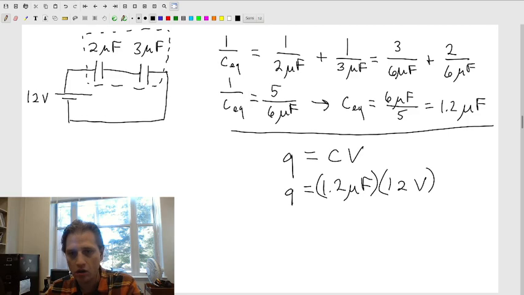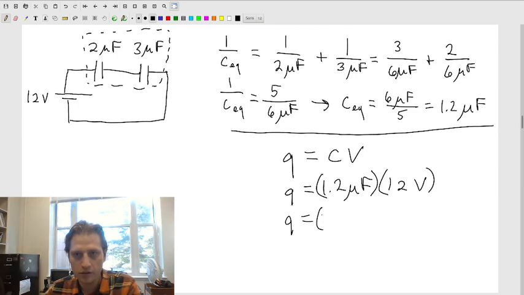Okay, so I can take my 6 over 5 times 12 volts. So this is going to give me an answer. I've got a micro in there, so farads times volts is coulombs, so this is going to give me an answer in microcoulombs.